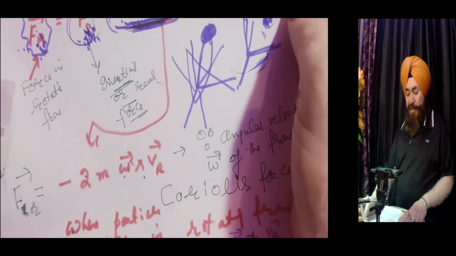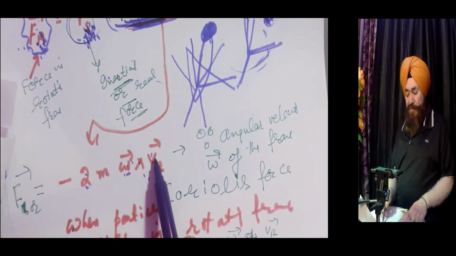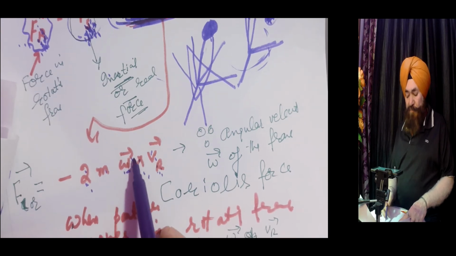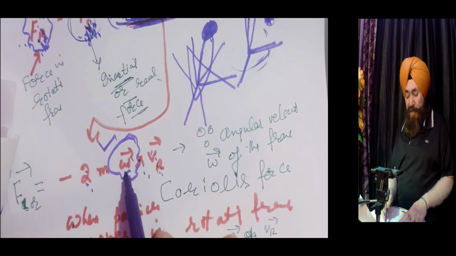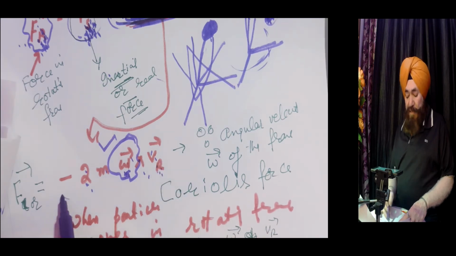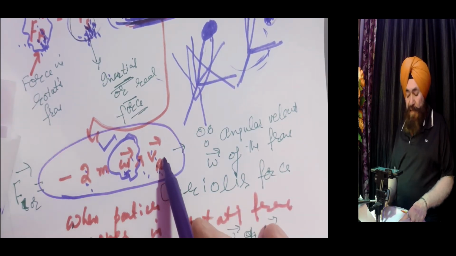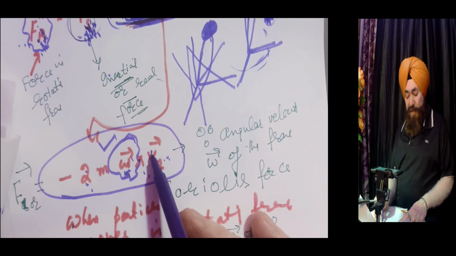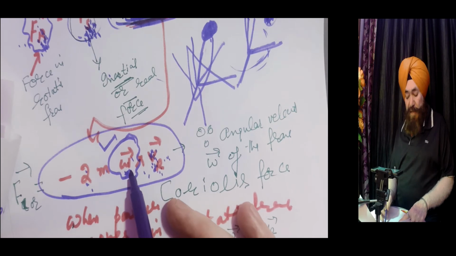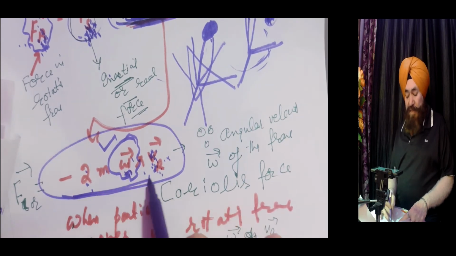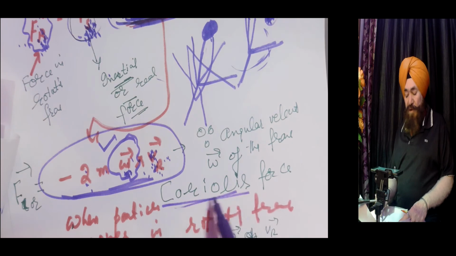The first, 2m omega cross Vr vector, is the force that arises because the second frame, the second space, is rotating with angular velocity omega. This force arises if there is Vr also. The particle is in velocity and the space is rotating, then this force is called the Coriolis force.